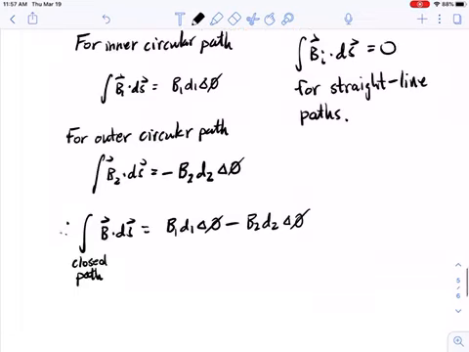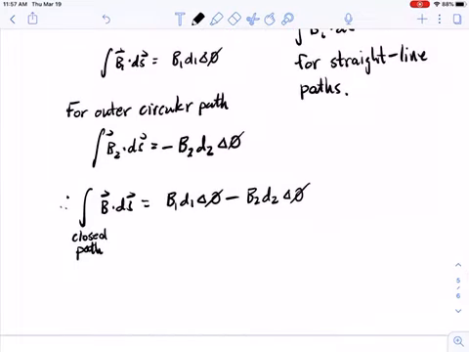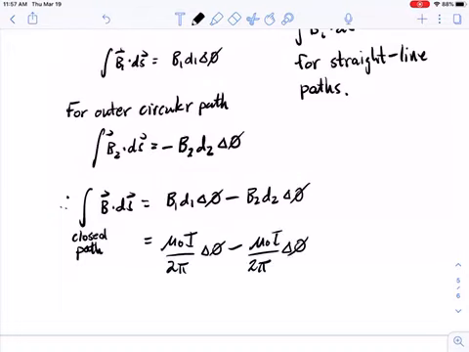Well, the B1 d1, remember, is mu naught I over 2 pi, and then we get a delta phi. B2 d2 is also mu naught I over 2 pi. Then we have the same delta phi, and so those equal 0.